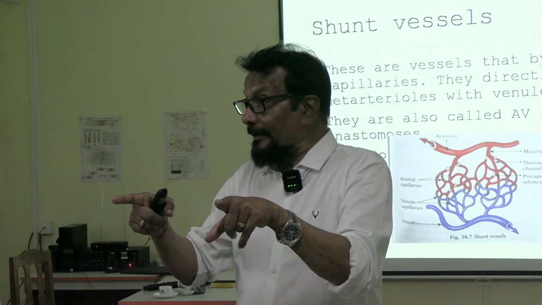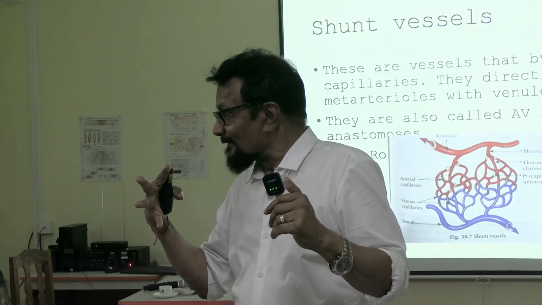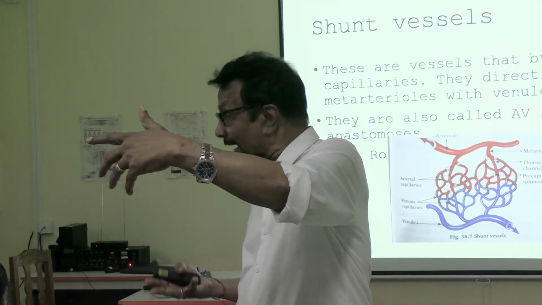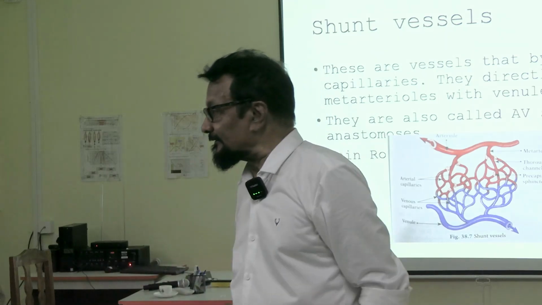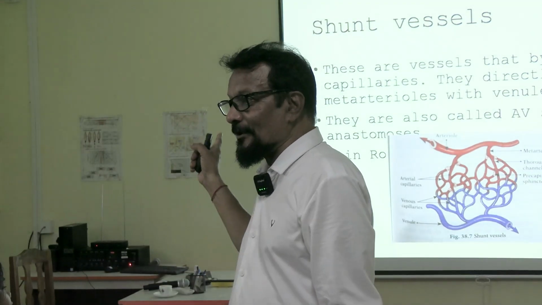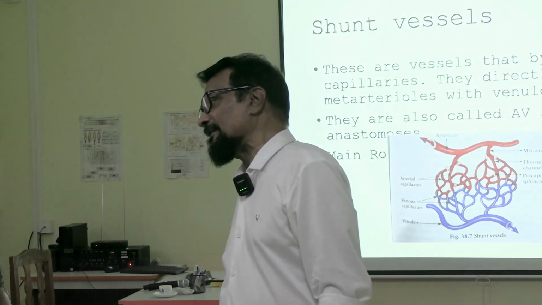So how will it be supplied? I have additional capillaries for that. Now these capillaries will open. They will now become patent. So now additional blood will be coming and supplying the tissues. And who is controlling this? These sphincters. Who is controlling these sphincters? The sympathetic nervous system.